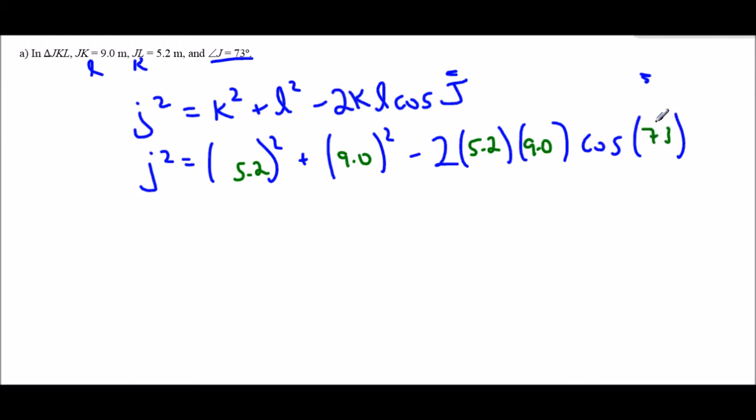Now I just have to make sure that I follow proper order of operations and do these calculations. So let's see what we have here. 5.2 squared is 27.04.